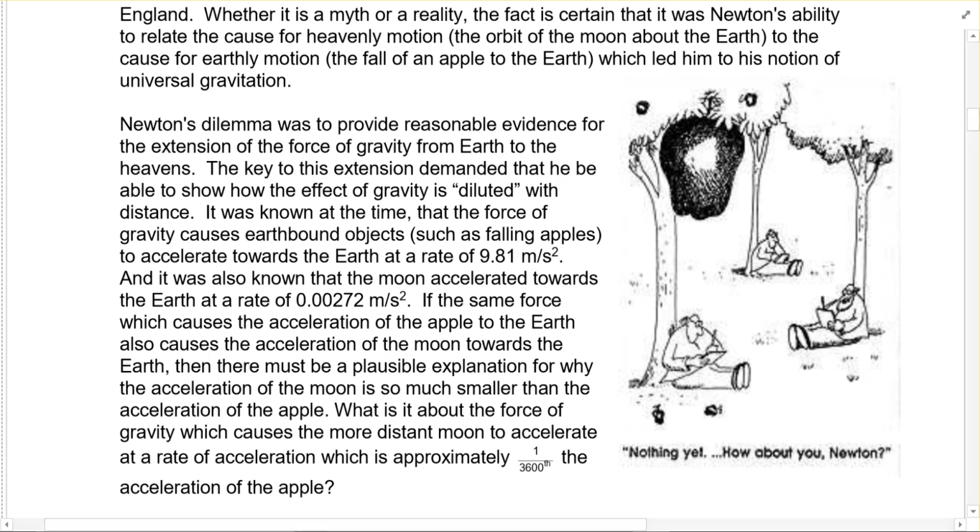So Newton set out to try to figure out some sort of equation that could actually explain this thing that's happening here. And they asked, why does gravity seem to be diluted the farther out you go?